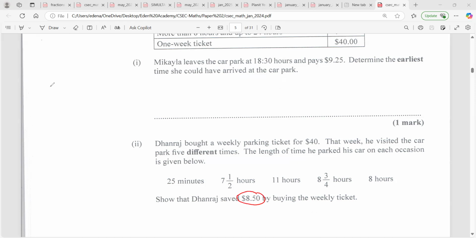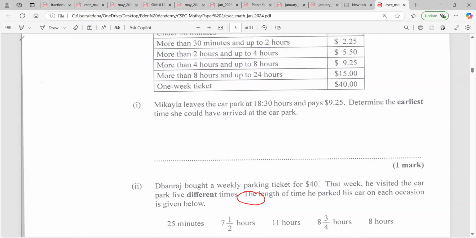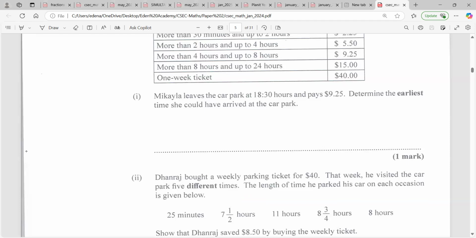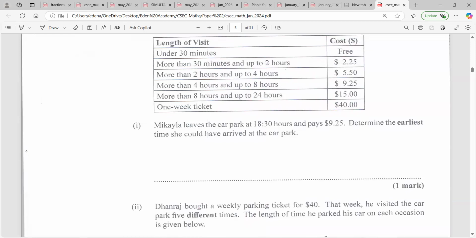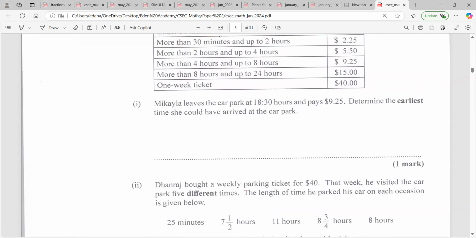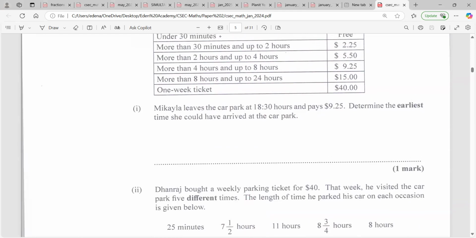It says 25 minutes, 7.5 hours, 11 hours. So let's look at that. Under 30 minutes is free. 7.5 hours is somewhere between 4 and 8 hours, so that's $9.25.